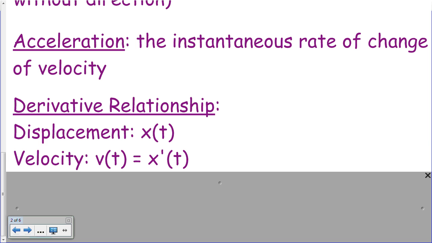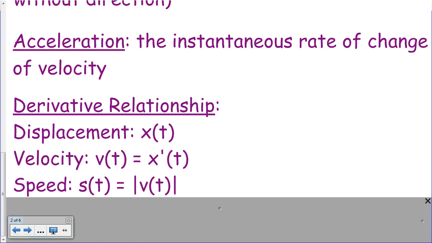Turns out velocity, if we call velocity v of t, is equal to the derivative of that displacement function. It's equal to x prime of t. Speed, of course, we'll call that s of t. Speed is the absolute value of your velocity. So once you come up with your velocity, take the absolute value of it, you got yourself the speed.